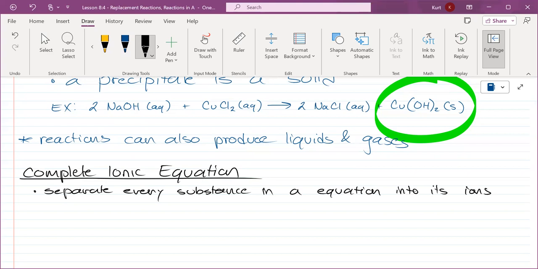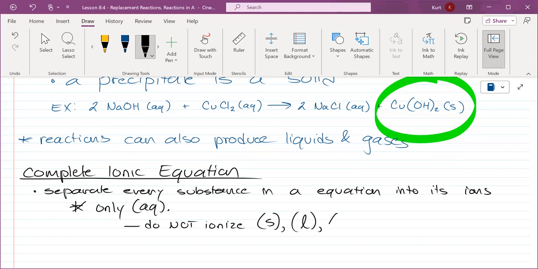There is an exception, however, guys. Only aqueous substances ionize, not solids, liquids, or gases. So we're going to do the problem that you just had up above. I'm going to rewrite it, and I'm going to teach you how to actually ionize it and make a complete ionic equation.